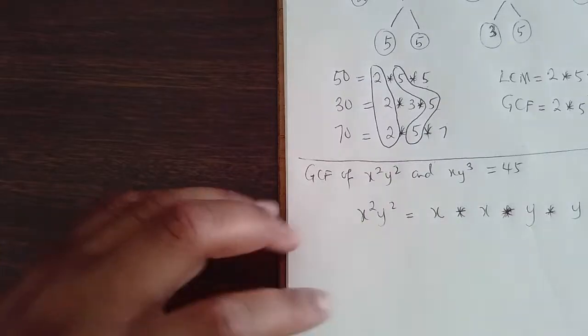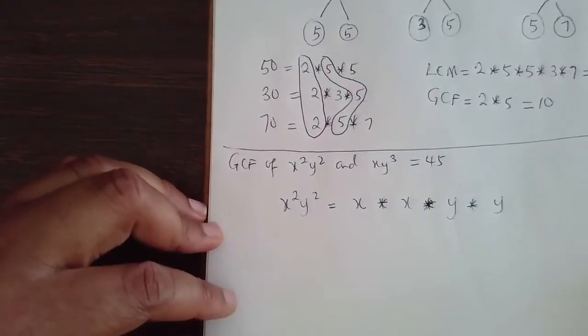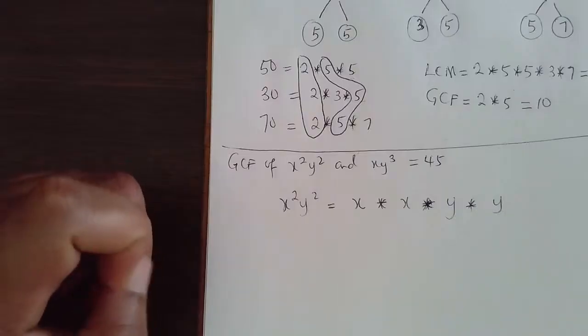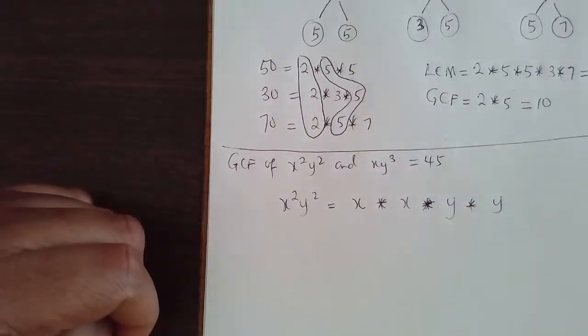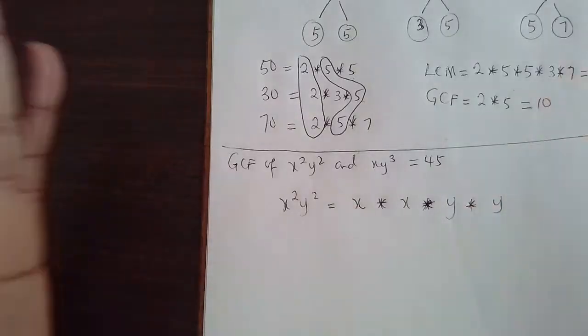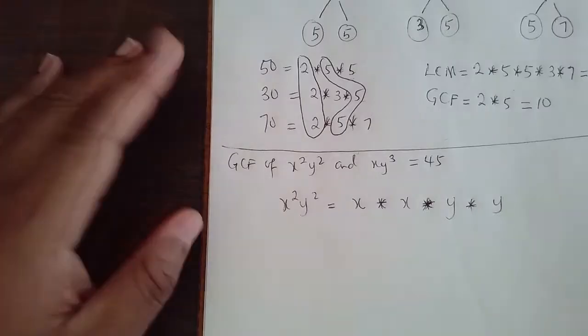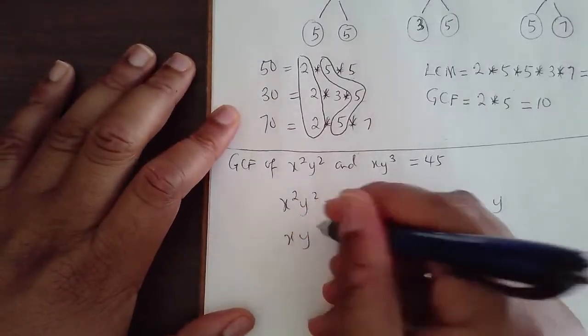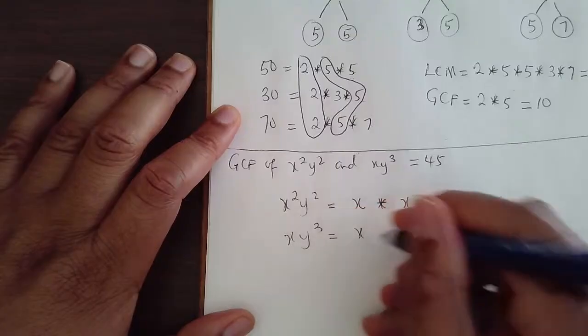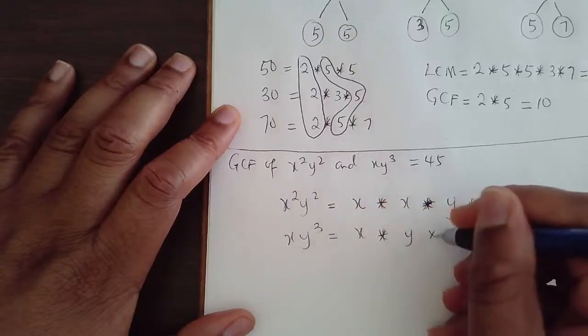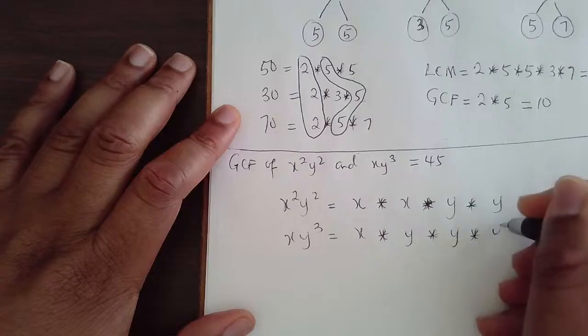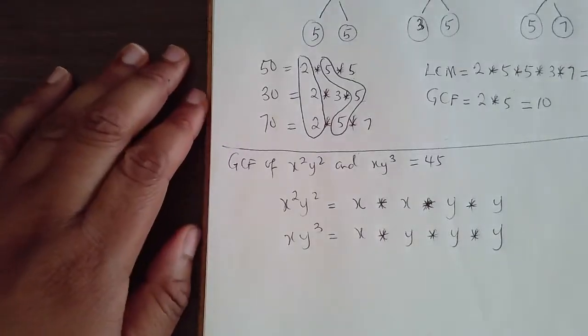With variables, my advice is to write it out like this, separate it. And xy cubed is x times y times y times y.